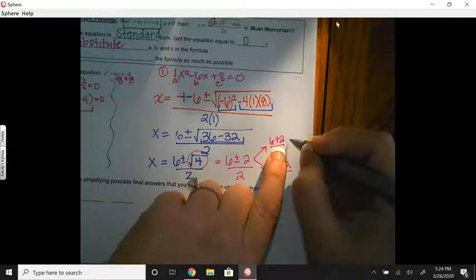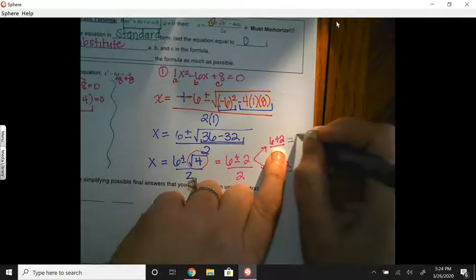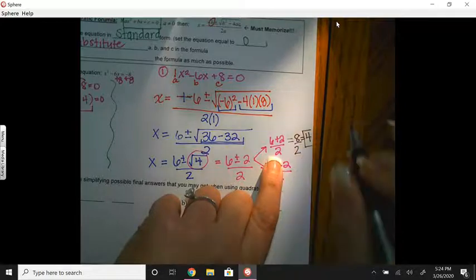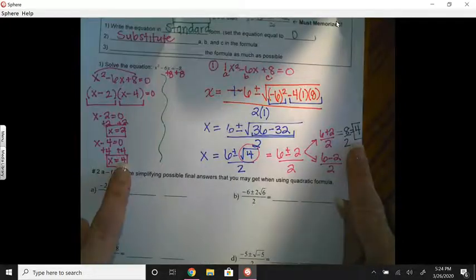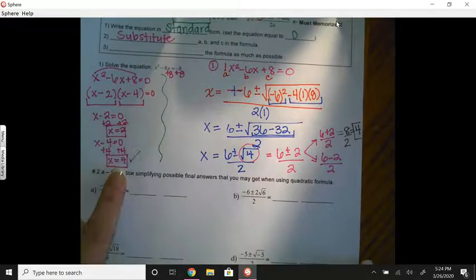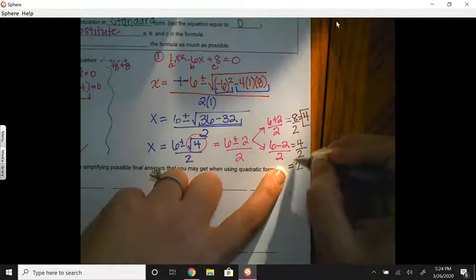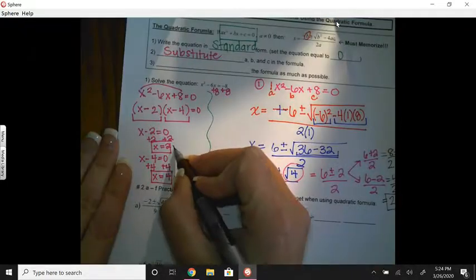And that's going to get us our 2 answers. So here we're going to get 8 divided by 2, which is 4. And that's the same thing we got over here by using factoring. And then over here, we're going to have 6 minus 2, which is 4, divided by 2 is 2. And that's what we got over here by factoring.